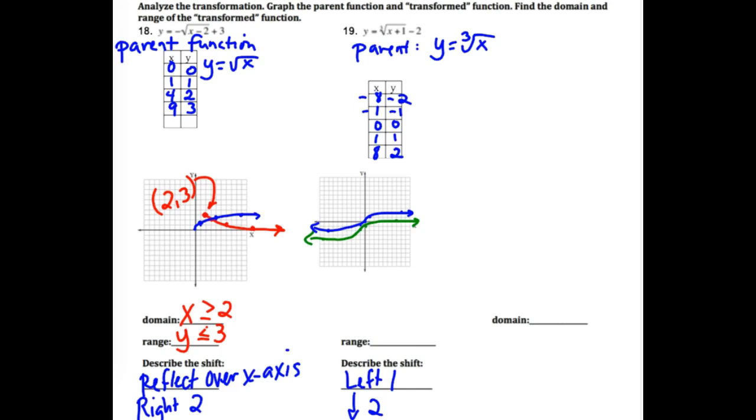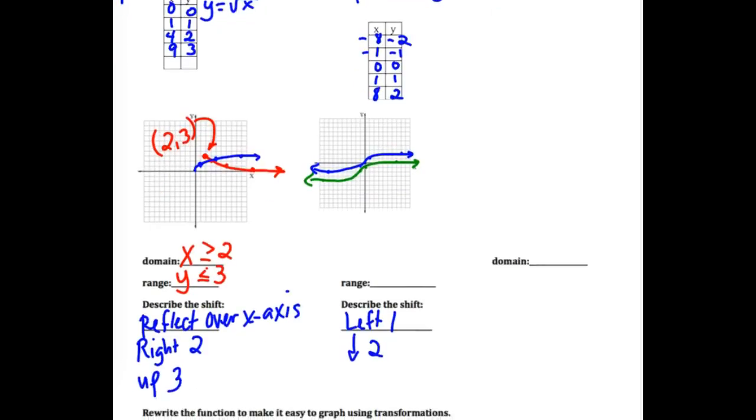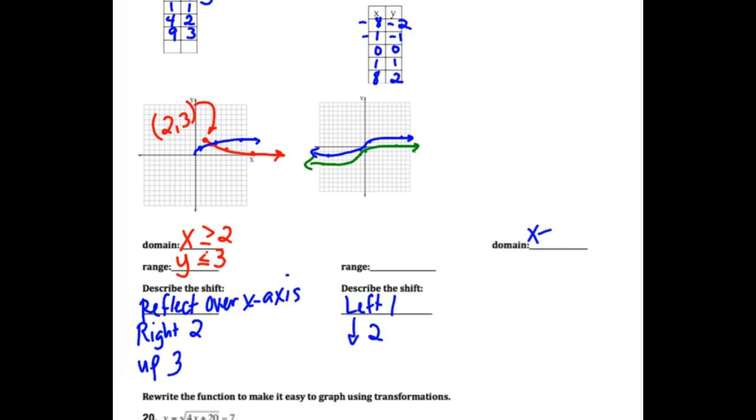Okay. Domain for this one can be all reals. The range is also all reals. There's no restriction. It looks like it kind of flattens out, but it is continuing to increase as we go to the left and right. So range y equals all reals.